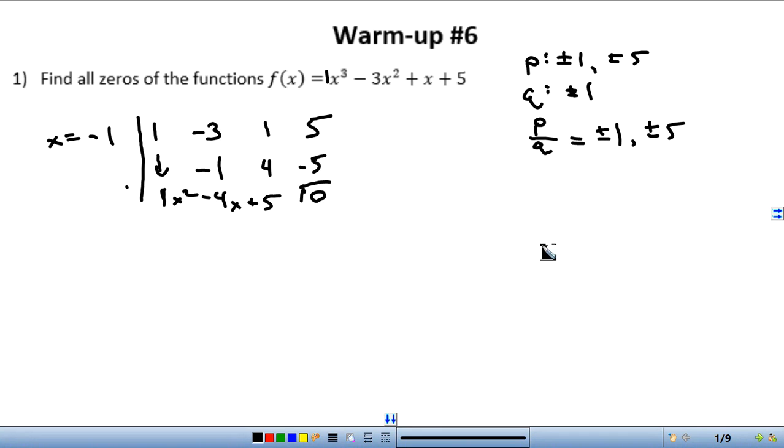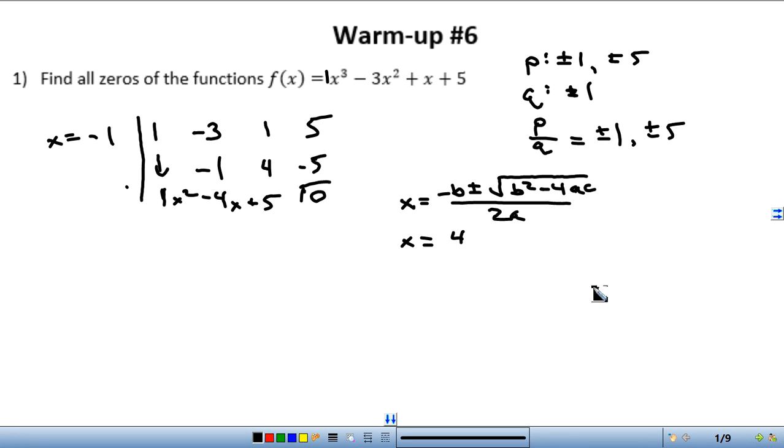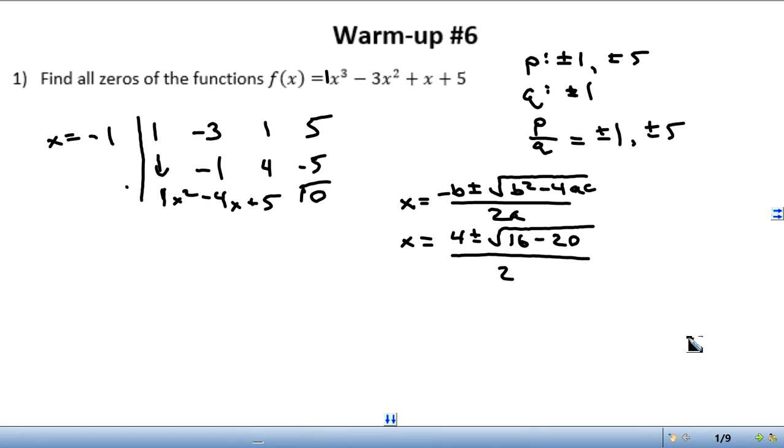Quadratic formula. So x equals -b plus or minus square root b squared minus 4ac, and that's all over 2a. So I've got x equals, in this case, +4 plus or minus square root of 16 minus, in this case, 20, all over 2 times 1, which is just 2.